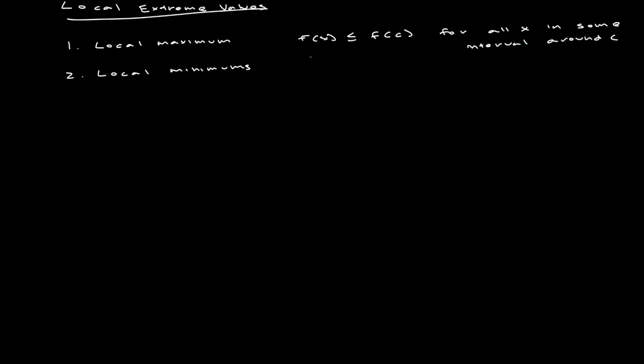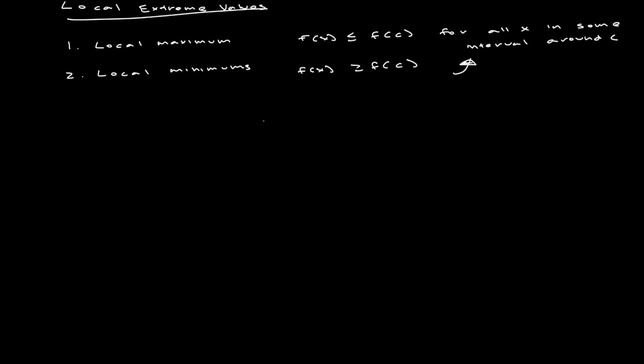And similarly, a point is a local minimum if f of x is greater than or equal to f of c, again, for all x in some interval around c. So the only thing we changed in our definition from global extreme values to local extreme values is the fact that we're only worried about an interval around the point instead of the whole function itself.